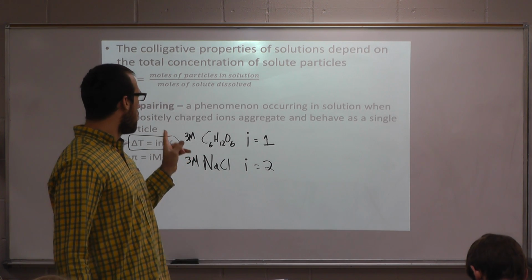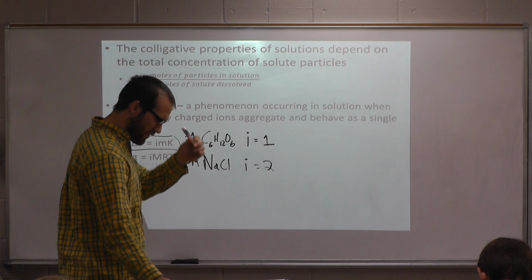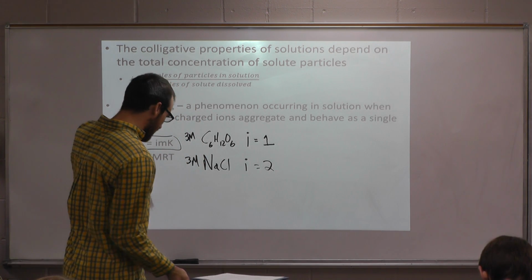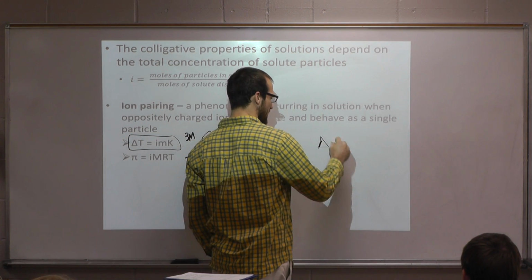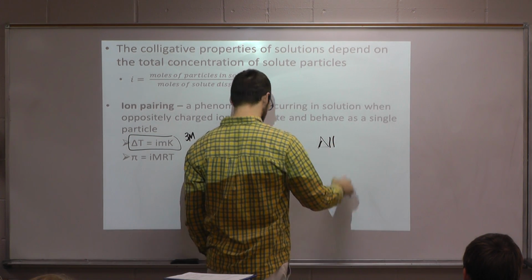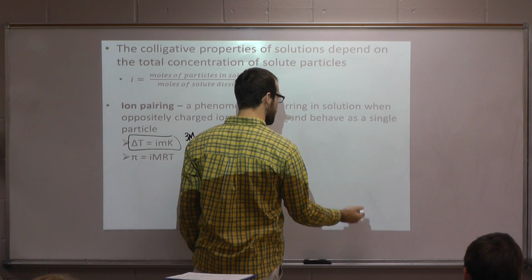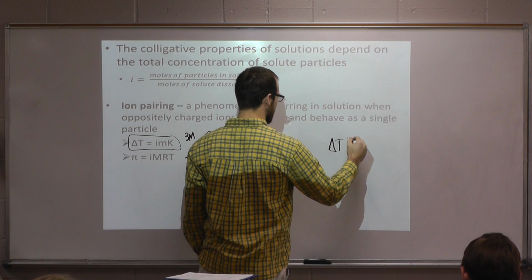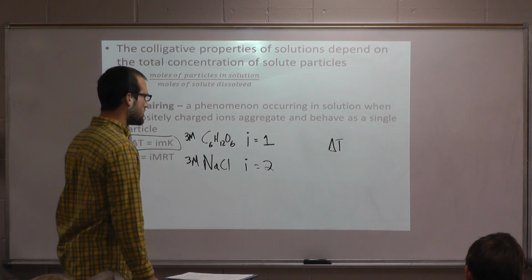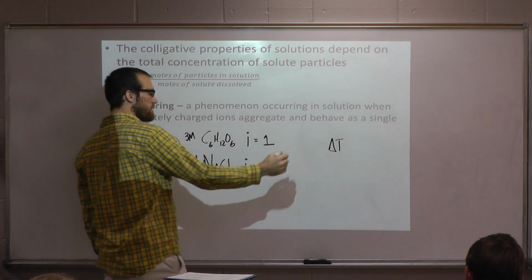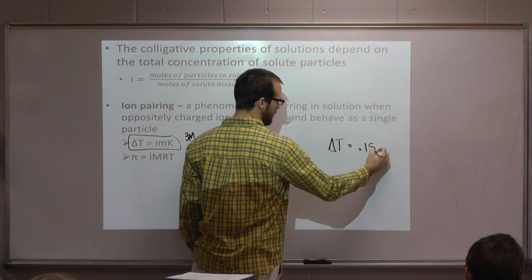Okay, so the point I'm trying to make here is when you actually figure out mathematically how the change in the boiling point is affected, not H. I'm so used to writing change in H. Okay, so let's say we found the change in the boiling point when it's got glucose in it to be 0.15.